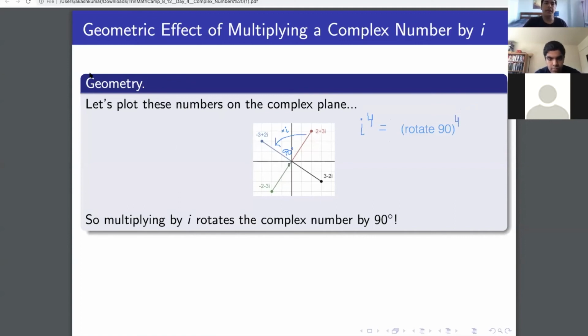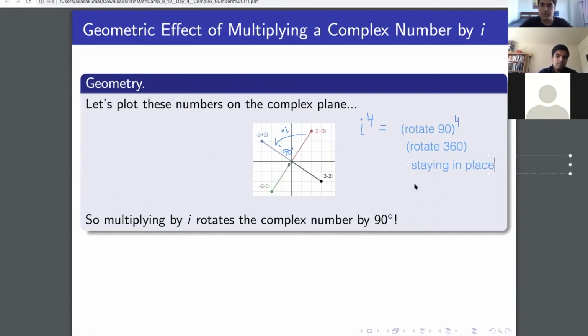So if you think about what it means to rotate 90 degrees 4 times, you can just imagine standing right here, rotating 90 degrees, then rotating another 90 degrees, then you'd be facing the opposite direction, and then 2 more, and you'd be exactly where you are. So rotating 90 degrees 4 times, hopefully you can convince yourself, is the same thing as rotating 360 degrees, right? And then rotating 360 degrees is actually just the same thing as staying in place, right?